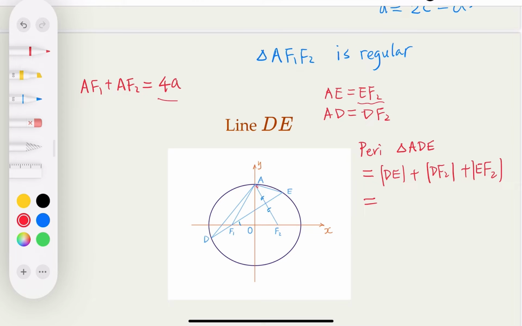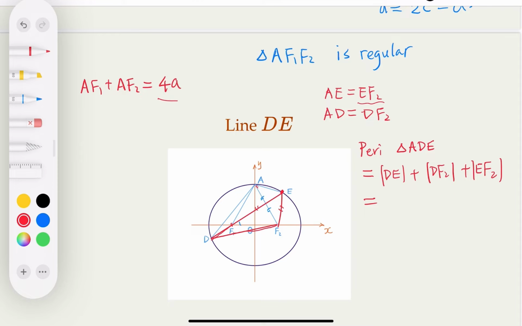We need to find the perimeter, which is this segment here, this segment here, and this one, right? You notice that this is the sum of E to the focus point here, plus D to the focus point, right?